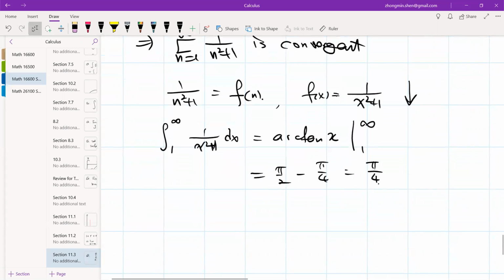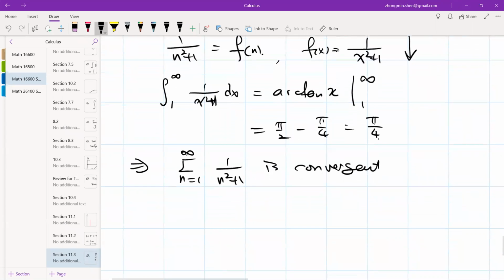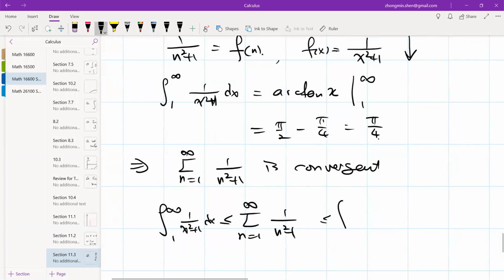Okay, so we conclude that this is going to be convergent. Yeah, it's finite. Not only that, you can estimate. Remember, we said that this is going to be greater than or equal to the integral of the function, right? And this is going to be the integral of the function plus the first term.